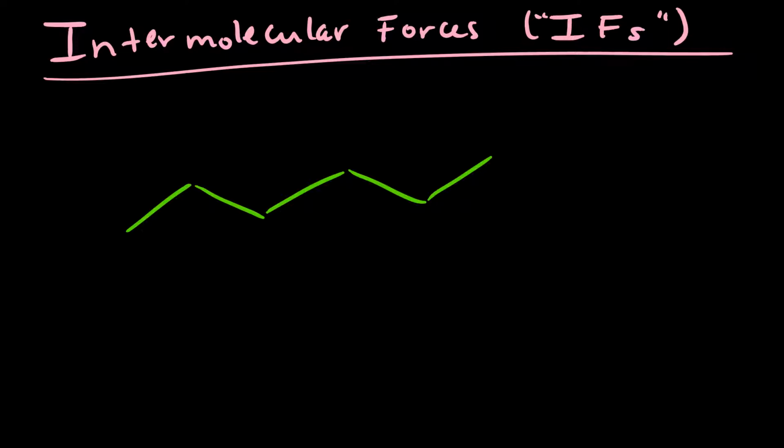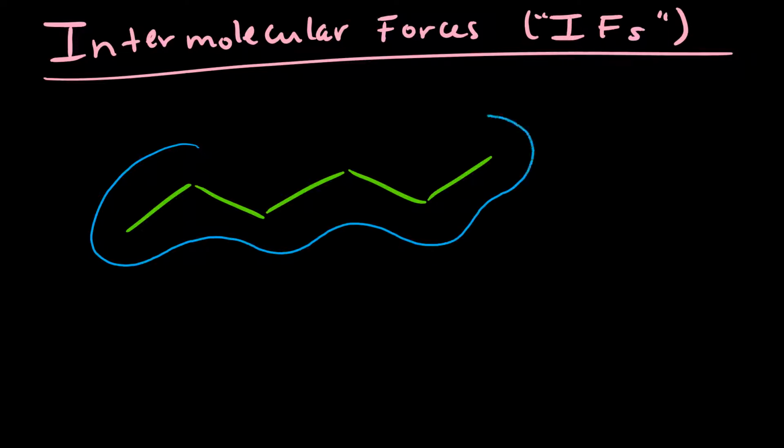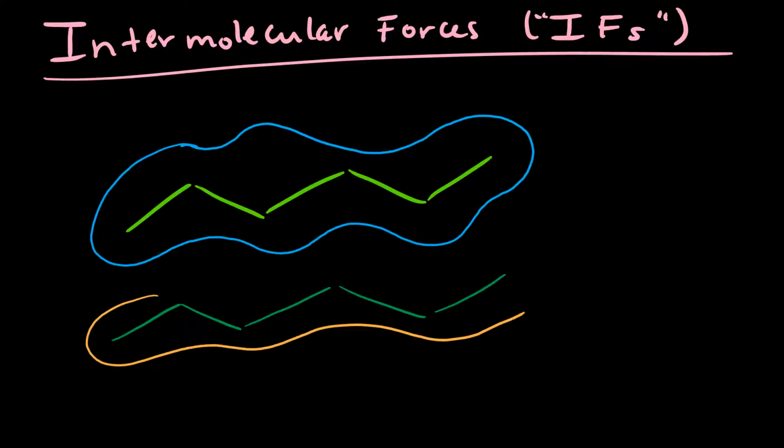Basically, this should be something you remember from Gen Chem, but just to refresh your memory, if you have a hydrocarbon like the one I'm showing here, what I'm outlining is the electron cloud that's surrounding these atoms. And when you get 2 of these hydrocarbons side by side, the electron clouds naturally want to repel one another.